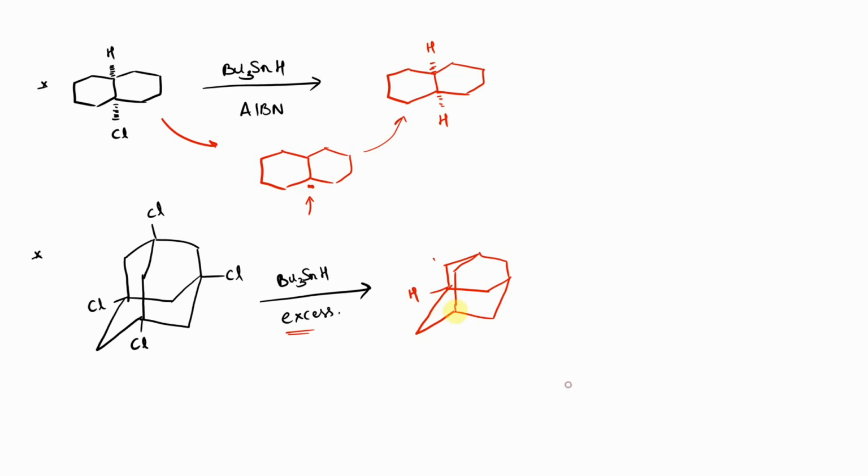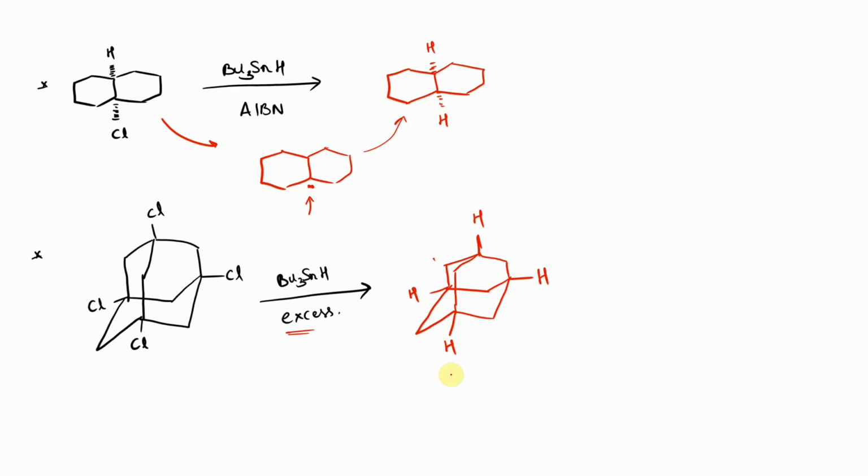Hydrogen over here, we have hydrogen here, one more hydrogen at this position and one more hydrogen at this position. So this is the reaction of tributyl tin hydride in the conversion of alkyl halide to alkane.